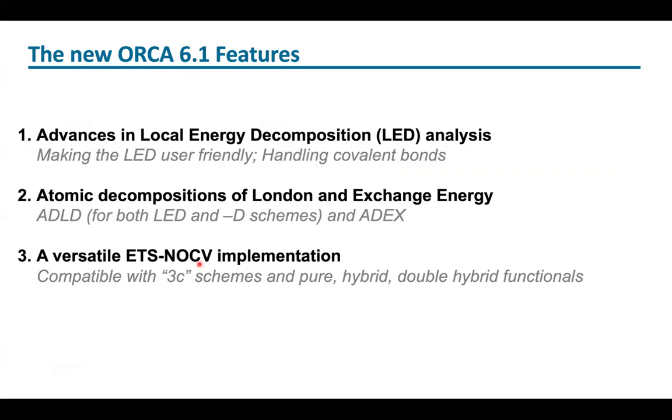I want to mention that this module has been completely rewritten in ORCA version 6.1 and now includes additional features and capabilities. And it is particularly well suited for analyzing the chemical bond between transition metals and a ligand. But as I will discuss, its applicability goes well beyond that.